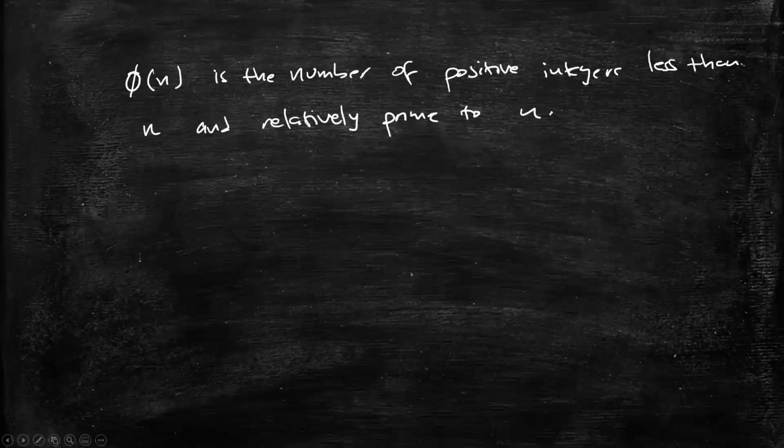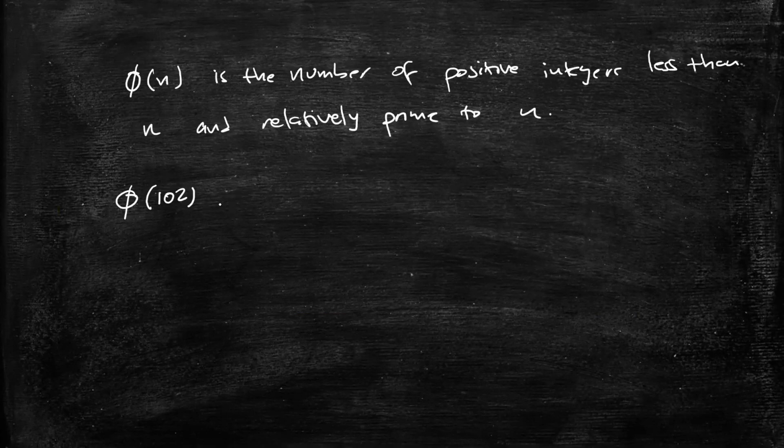Okay? So if we are asked to, for example, find the totient function of a number, say 102, what we're actually asking is to list all of the positive integers that are less than 102 that are relatively prime to 102.